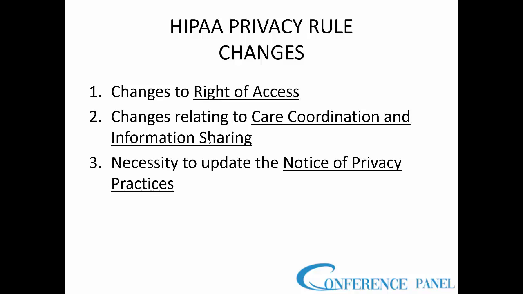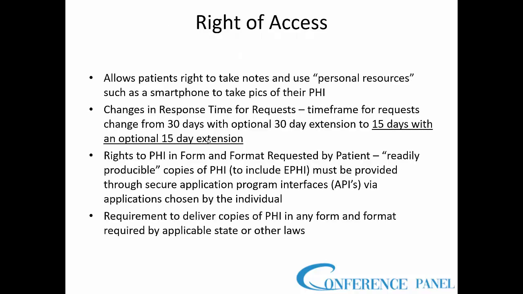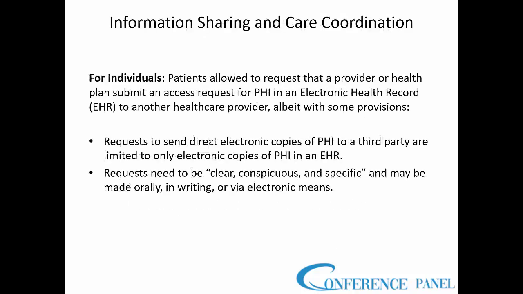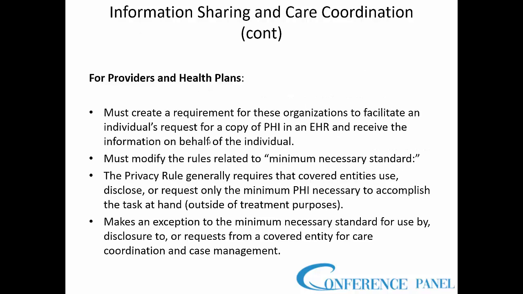There are 3 key changes to the HIPAA Privacy Rule. Now, these changes really do not affect business associates. This is only going to affect covered entities. Patients now have a right to use their personal smartphone. Eased identity verification prohibits covered entities from imposing unreasonable verification measures. Changes to fees, information sharing, and care coordination for providers and health plans.